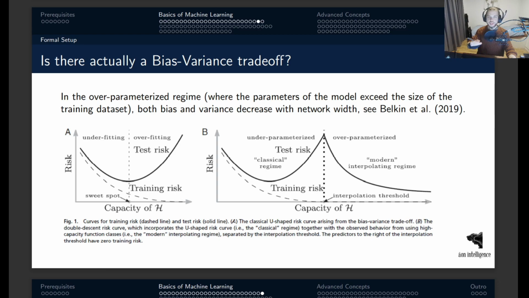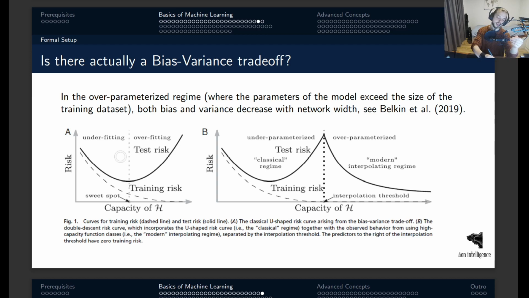This is the risk associated with the data points that you have available, your training data set. As the capacity of H increases, the training risk approaches zero. And that is because the more complicated the space of functions that you can search, the better the fit for the data points you have available. We've seen that that's overfitting.